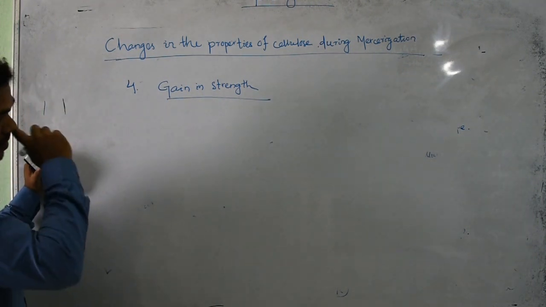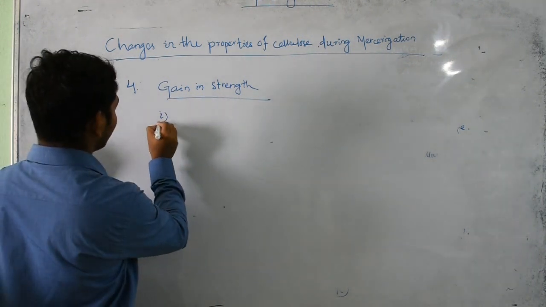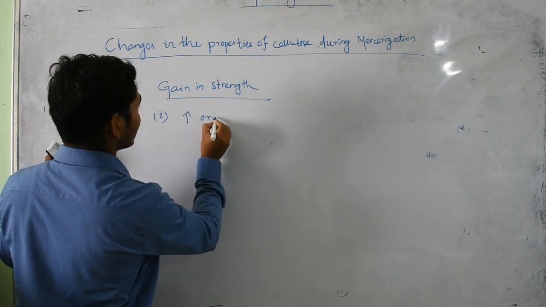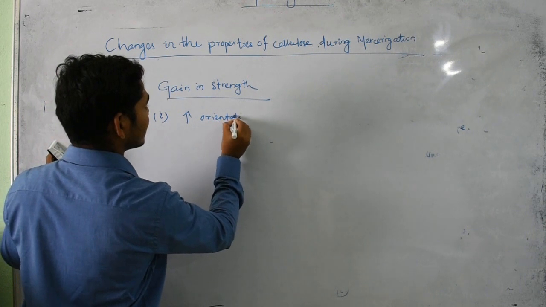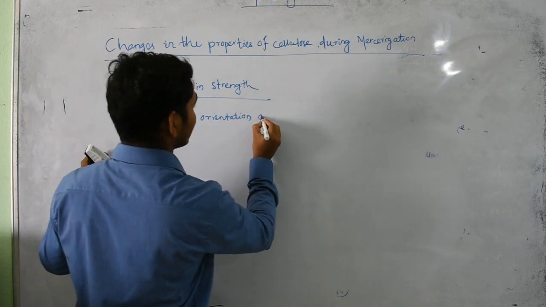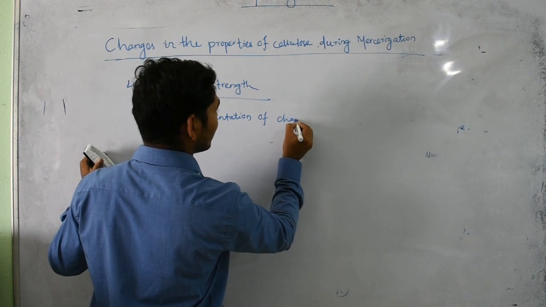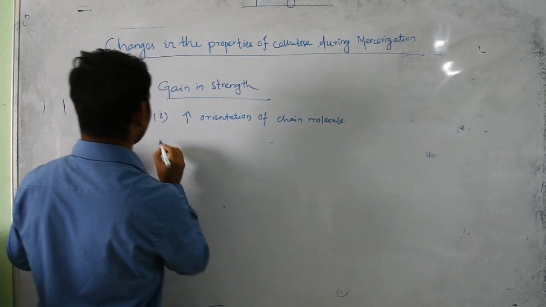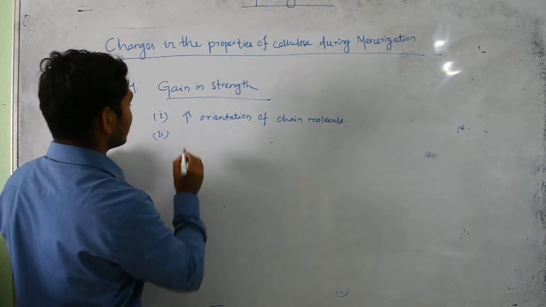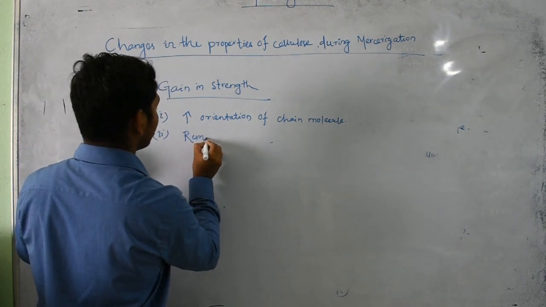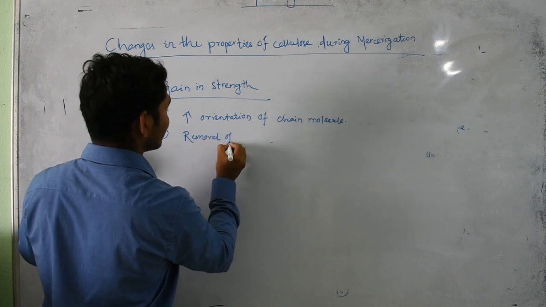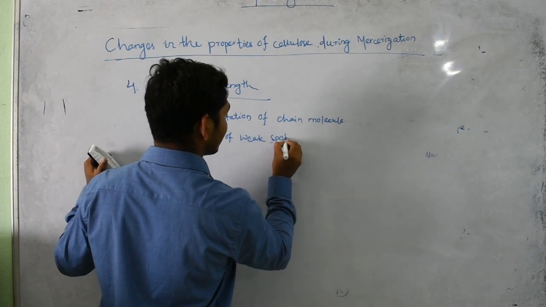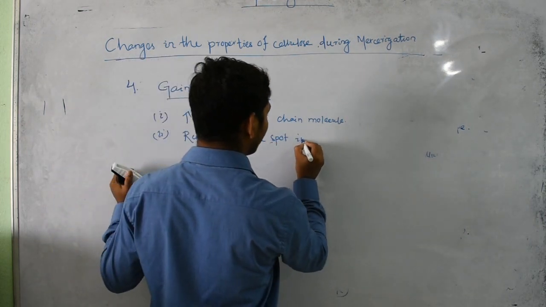So, the first reason for gain in strength is increased orientation of chain molecule, and second change is removal of weak spot in the convolution.